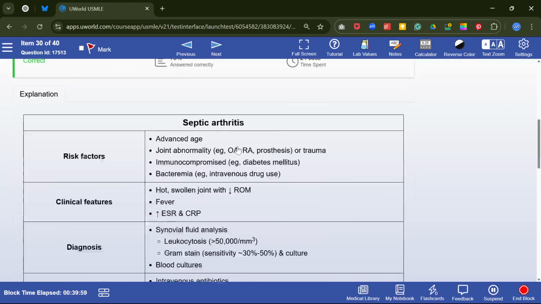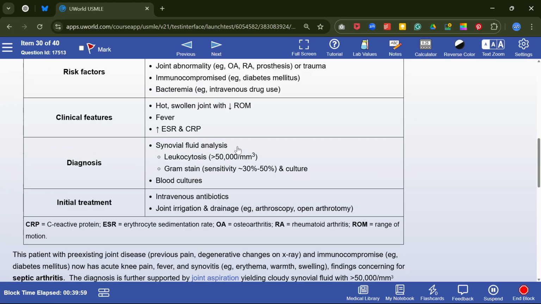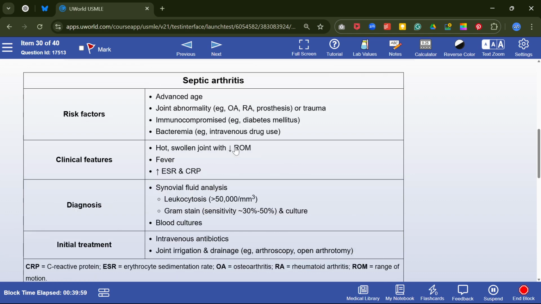Septic arthritis. Risk factors: advanced age, joint abnormality, osteoarthritis, prosthesis or trauma, immunocompromise, diabetes mellitus, bacteremia, IV drug use.